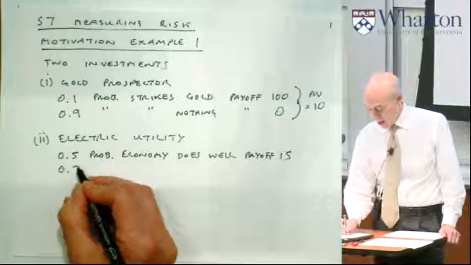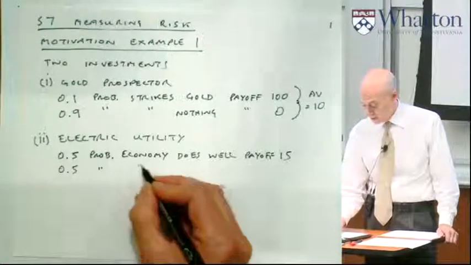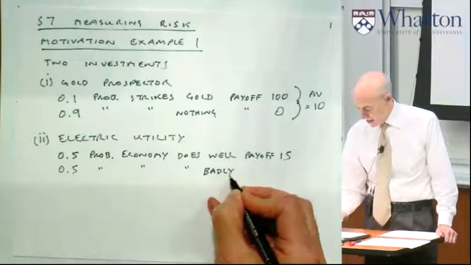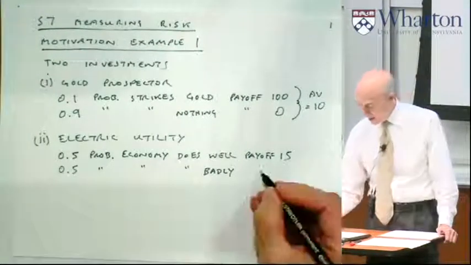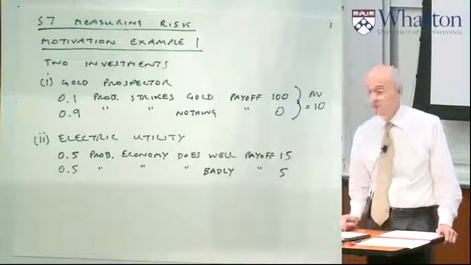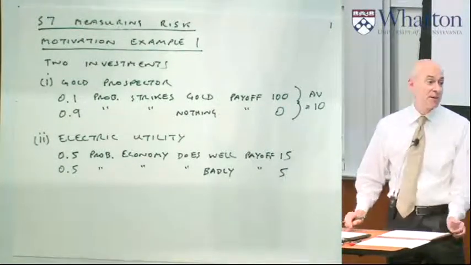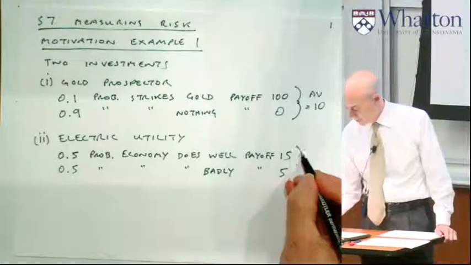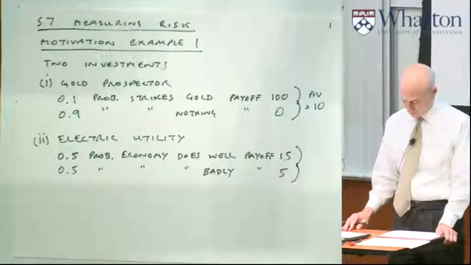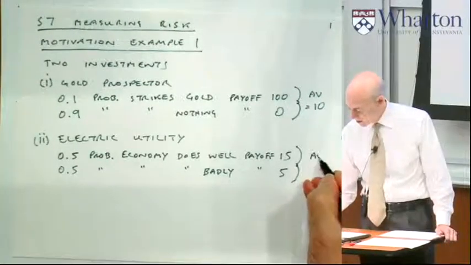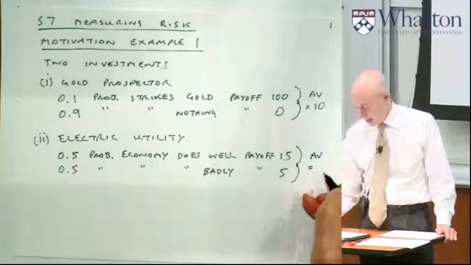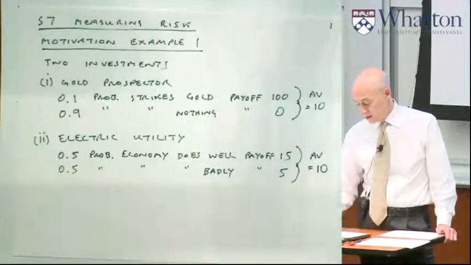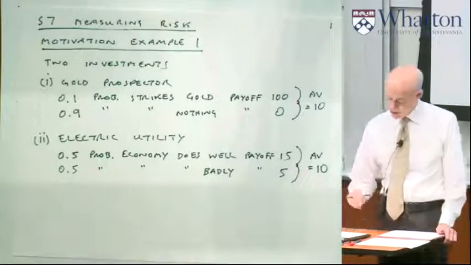In the remaining state, there's a 0.5 probability the economy does badly, and in that case, the payoff is 5. People don't use as much electricity, but they're still using it, and that's what we get. And the average is, again, 10. That's 0.5 times 15 plus 0.5 times 5 to give us 10.